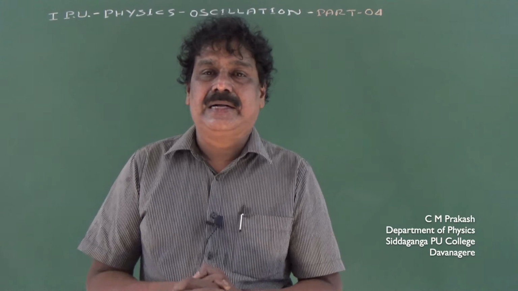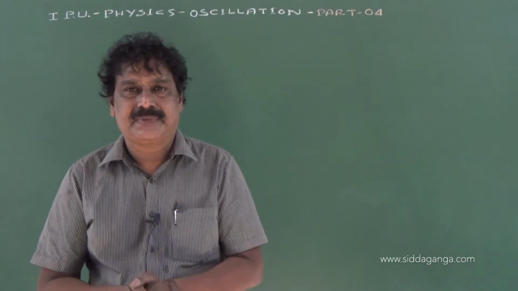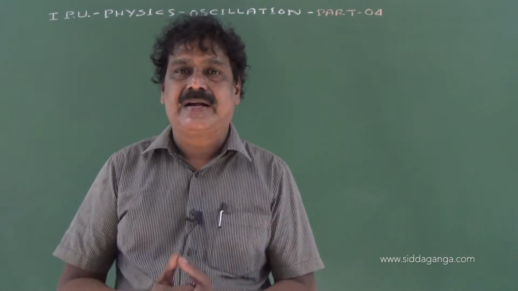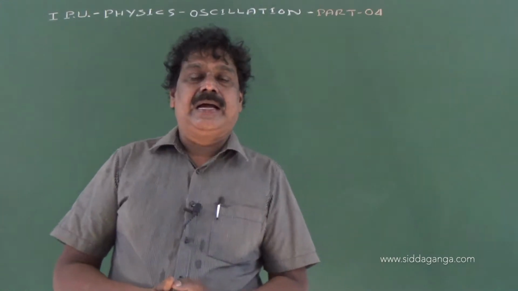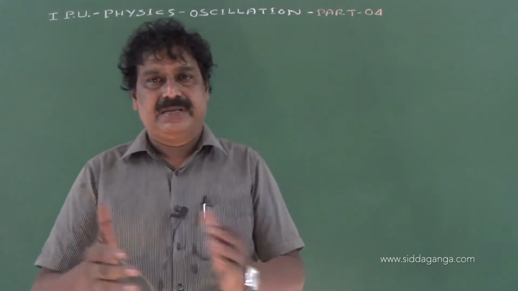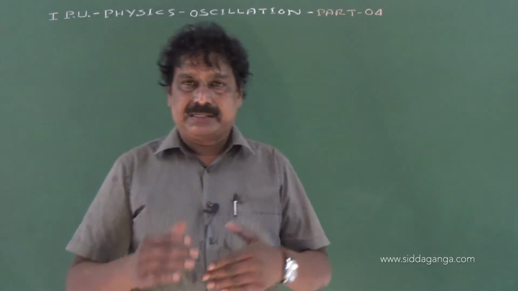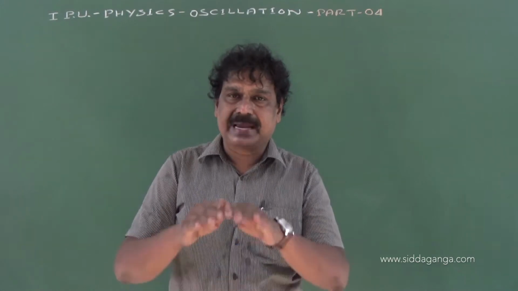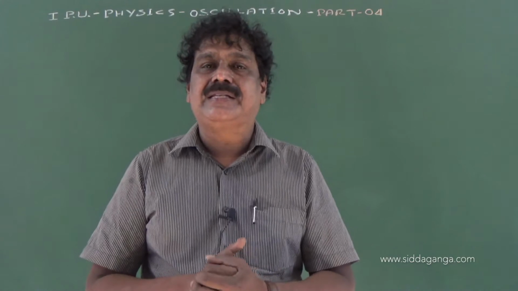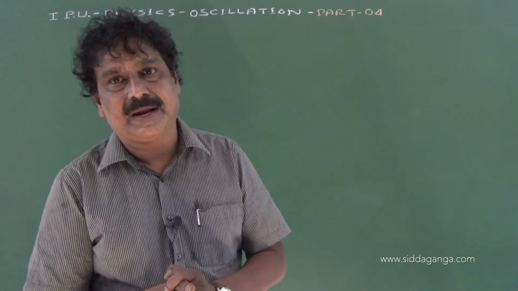Now we are discussing the first PUC physics chapter, oscillation. We have started earlier, and in the previous class we discussed how to express simple harmonic motion in terms of a particle executing uniform circular motion.